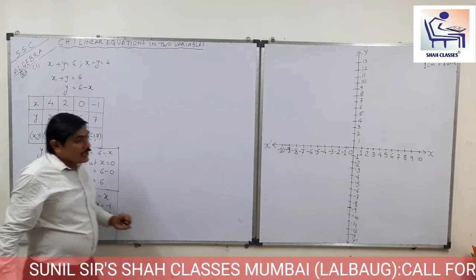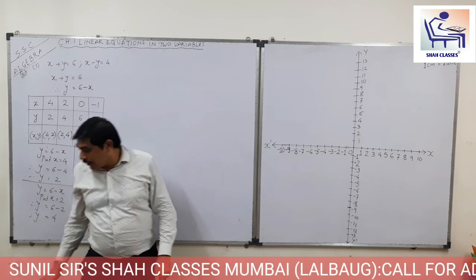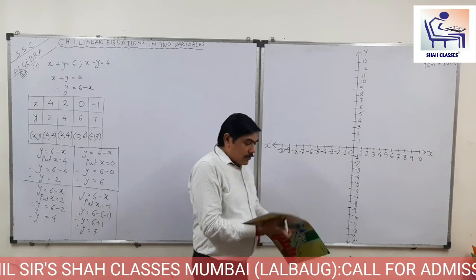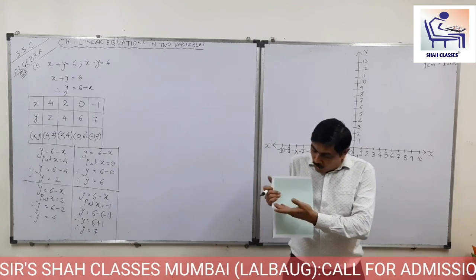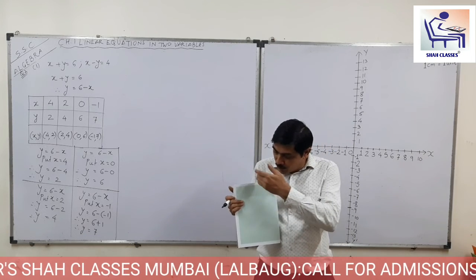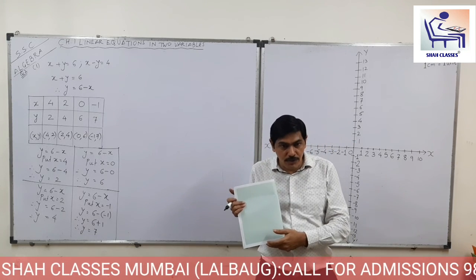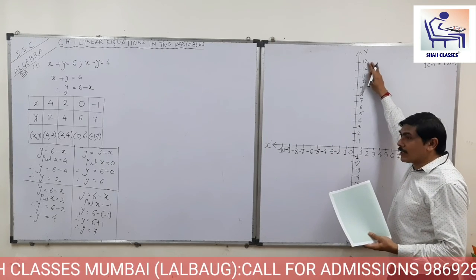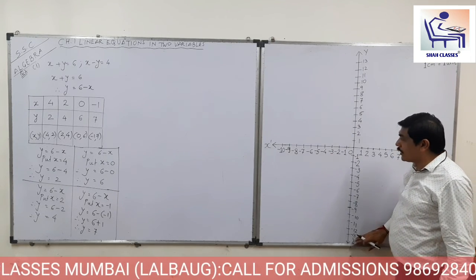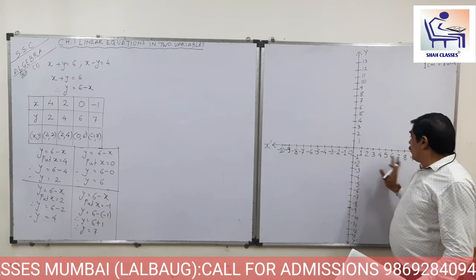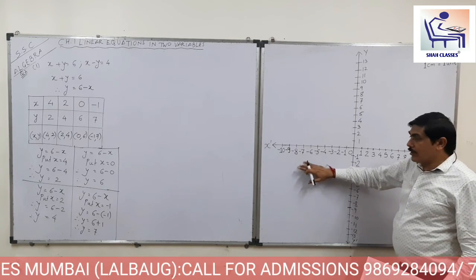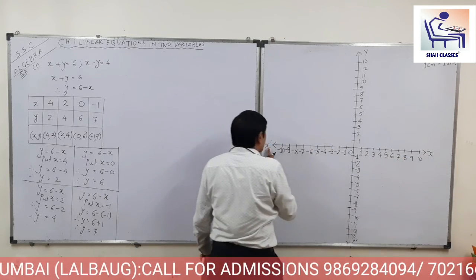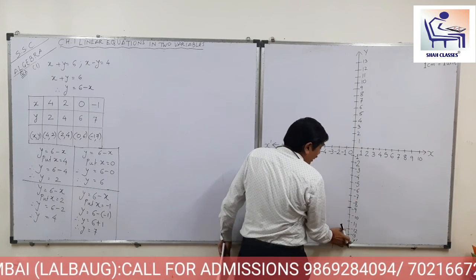Now in this graph book which you have seen, there are 20 horizontal boxes and 26 vertical boxes. So I have also drawn here up till positive 13 and negative 13, and here I have shown positive 10 and negative 10. This is your x-axis. So here you have to write x, x dash, y, y dash.